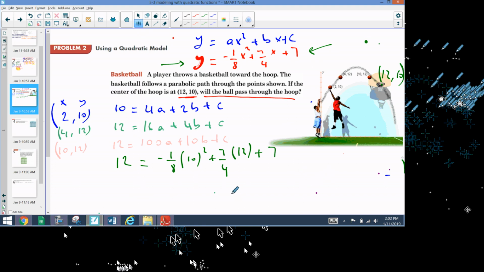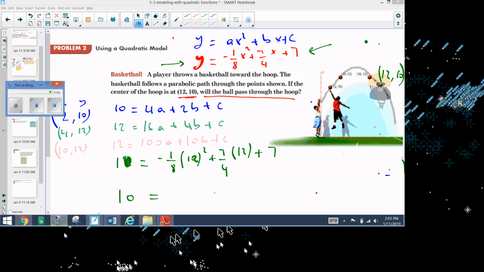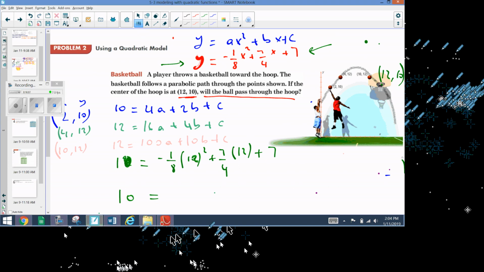I made a mistake here. This is X. X is 12, and then this is 10. Right? So once we put that into the calculator, is that going to be equal? Tell me, is that right or not? Oscar, go ahead, take the calculator, type those in. Since you guys got 10, that is true, so he's going to make it.